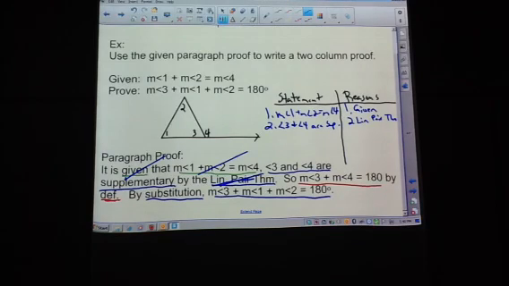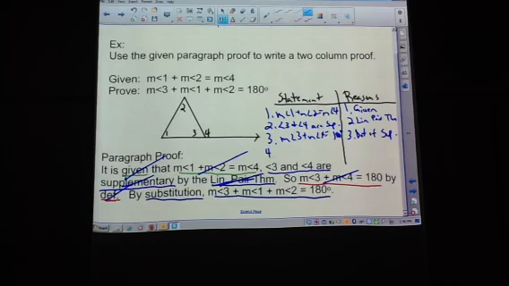So I'm going to cross it off. I'm going to go on to the next one here, which is the measure of angle 3 plus the measure of angle 4 equals 180 degrees. And that just has definition. So that's going to be definition of supplementary angles. So I'm going to cross it off because we've got it done.